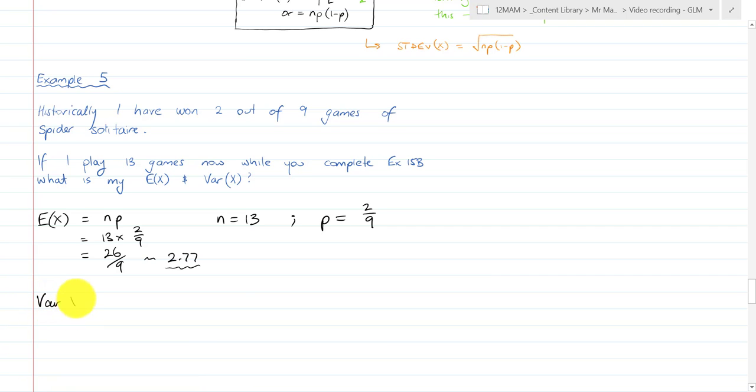And my variance of X is equal to npq, or np times 1 minus p, which is 13 times 2 over 9 times 7 over 9.